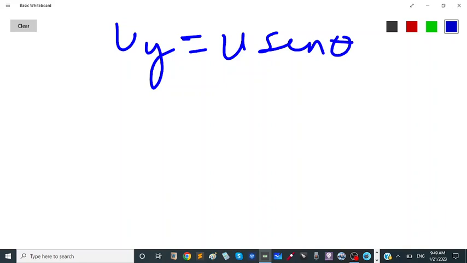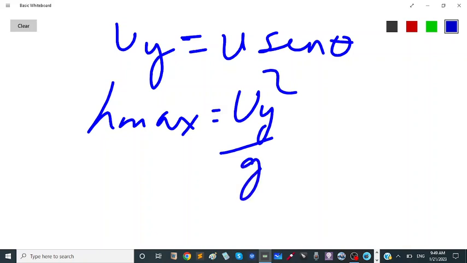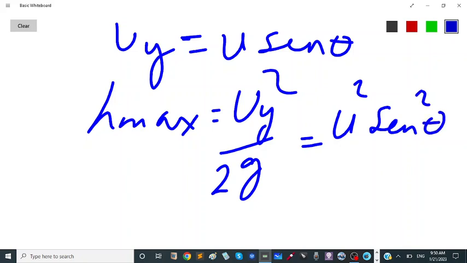Uy is equal to u sine of theta, and h max is equal to Uy square over 2 times g. Because 1 minus half is half, this will give us u square sine square theta over 2g.